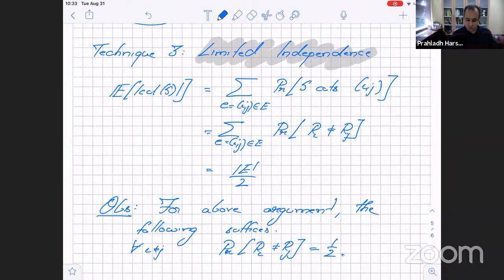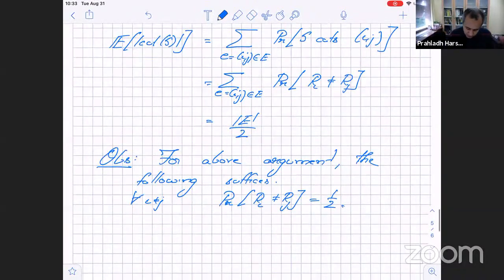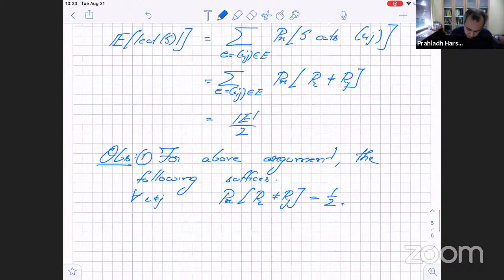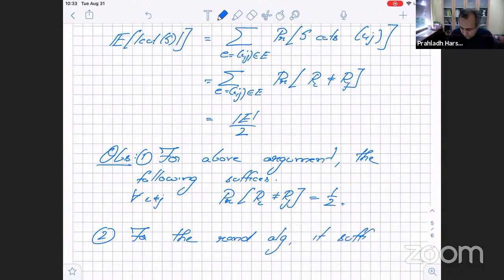Hence I want to make this observation. This is observation 1: for the randomized algorithm, it suffices if R1 to Rn were pairwise independent.